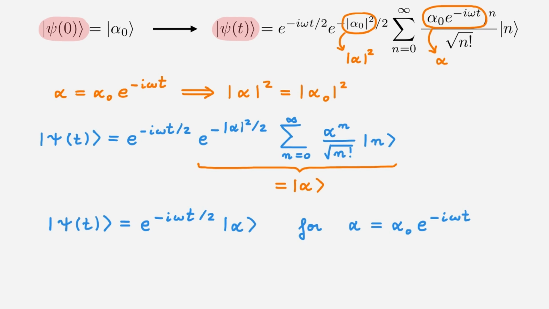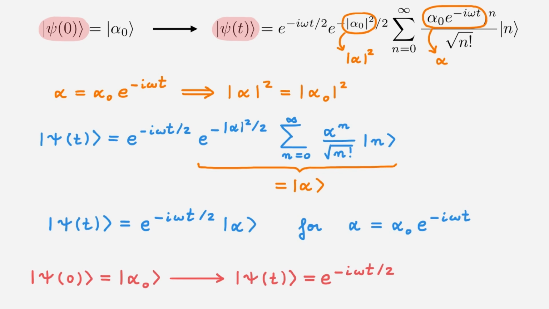Now, what does this mean? If the initial state of our system is a coherent state that is an eigenstate of the lowering operator with eigenvalue alpha 0, then the state of the system at a later time t is equal to this global phase factor times a new coherent state, which is an eigenstate alpha of the lowering operator, corresponding to eigenvalue alpha 0 times the exponential of minus i omega t.